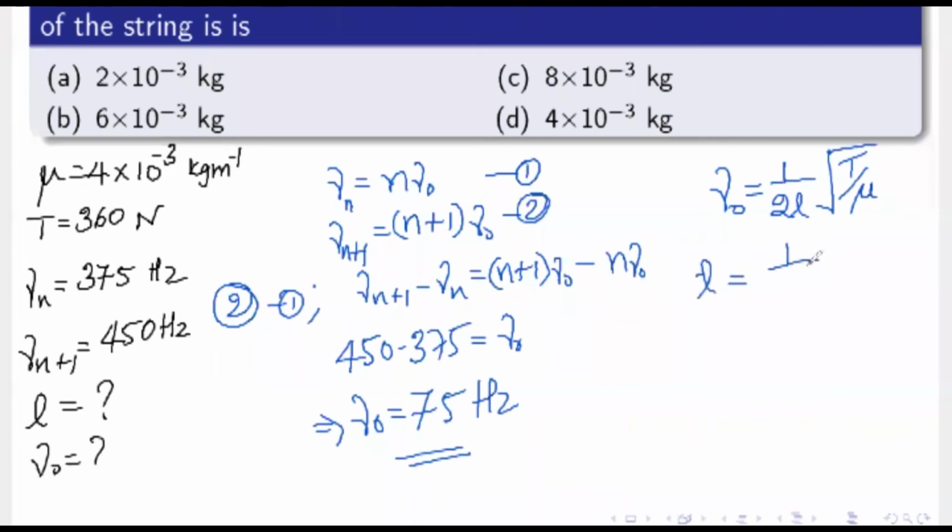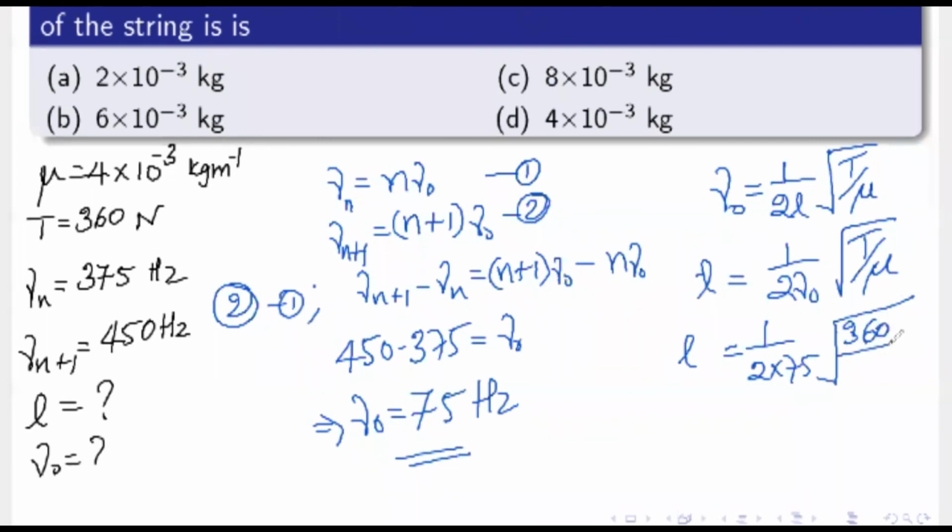So I can write L equals 1 over 2 times nu naught into root of T by mu. Substitute the values: frequency into root of, what is the tension? Tension is 360 newtons and mass per unit length is 4 into 10 power minus 3. So you can write this as 1 over 150 into square root of 90 into 10 power 3.